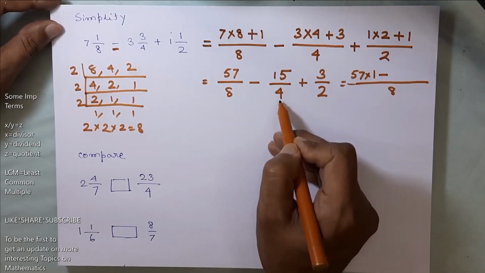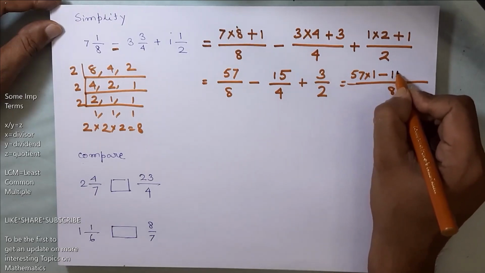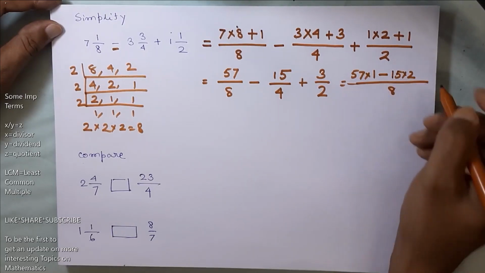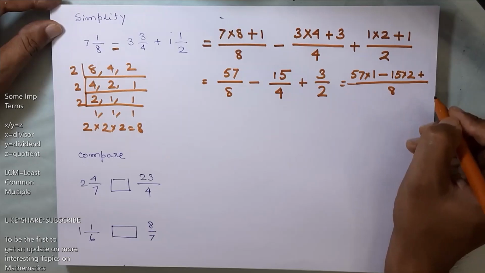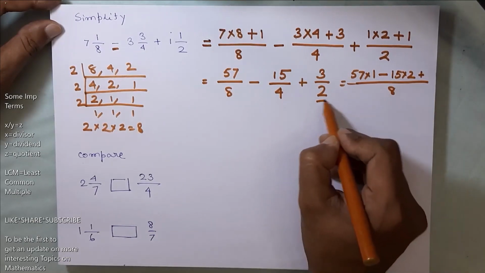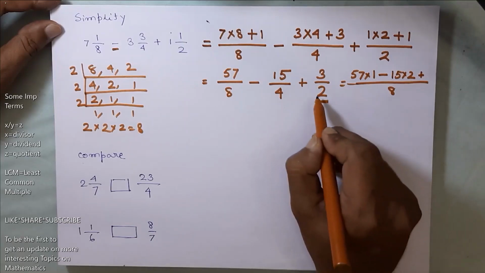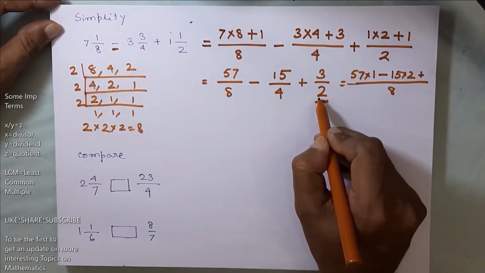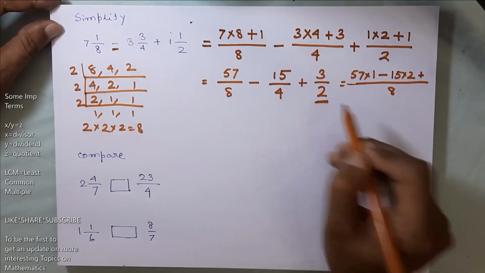So I get the quotient as 2, and that quotient will be multiplied by the numerator. So 15 into 2, and then I have to give the plus sign. Then again the LCM will be divided by the denominator, which is 8 divided by 2, which is 4, and I have to multiply the quotient with the numerator.